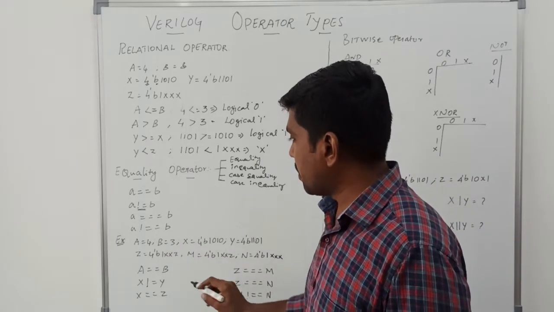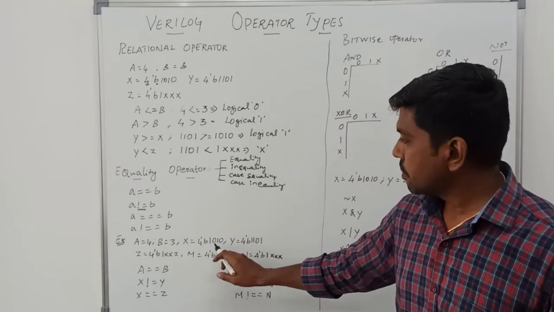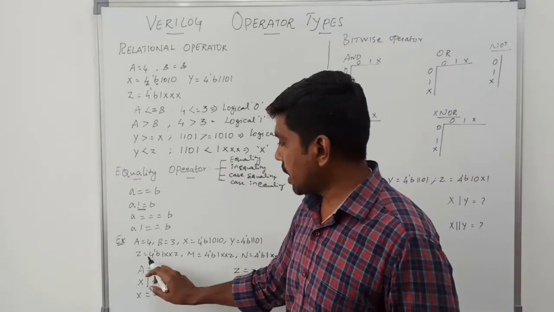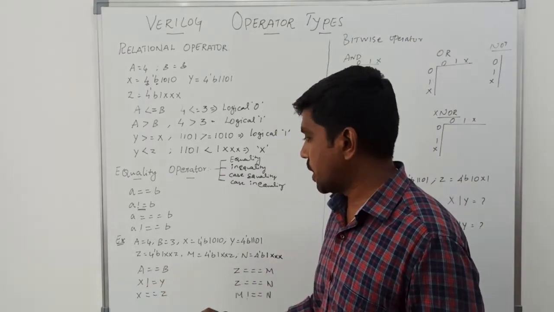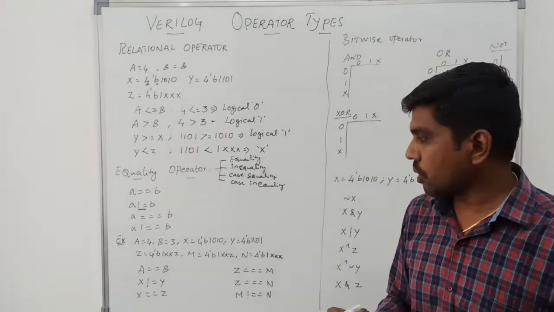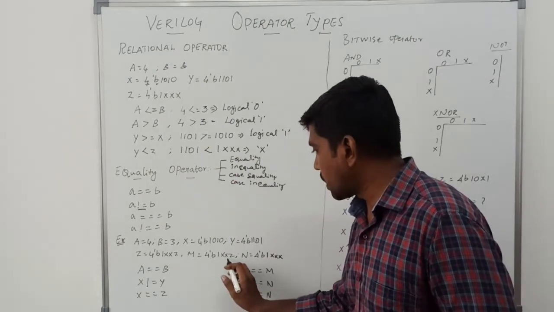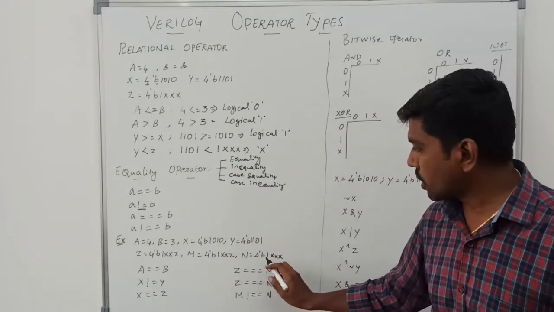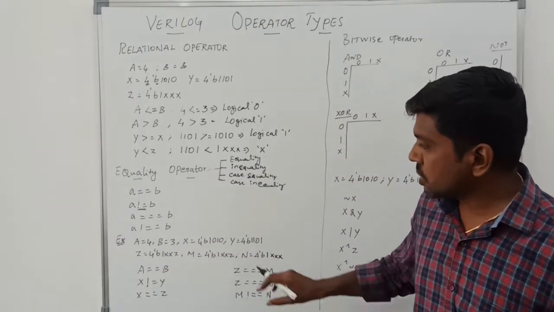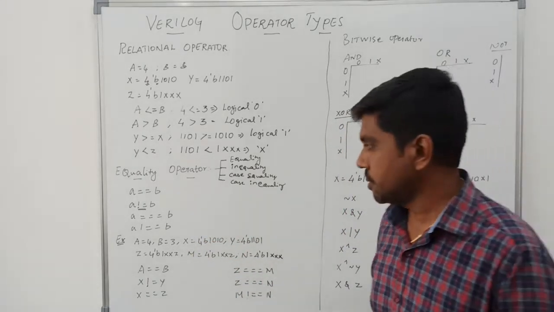Let us consider the operand values: A value 4, B value 3, X value 4'b1010, Y value 4'b1101, Z value 4'b1 don't care Z. This operand has a don't care value and also a high impedance value. Then M value equal to 4'b1 don't care Z, N value 4'b1 don't care. Apply these operand values in the equations to find the result.